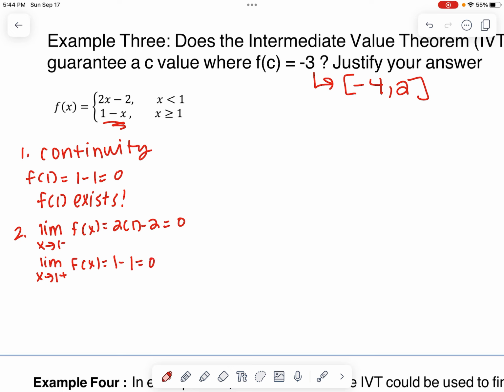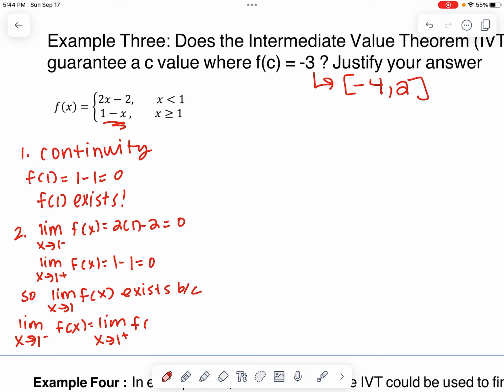And so the limit as x approaches 1 of f of x exists because, and this is so much work, but it's okay, you're going to have fun, because the limit as x approaches 1 from the left equals the limit as x approaches 1 from the right.